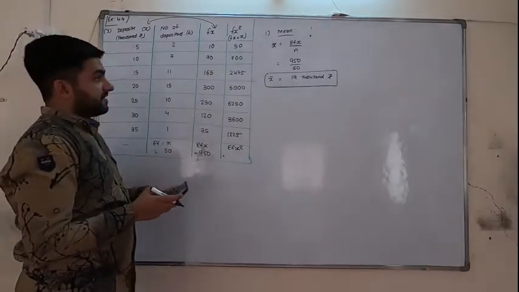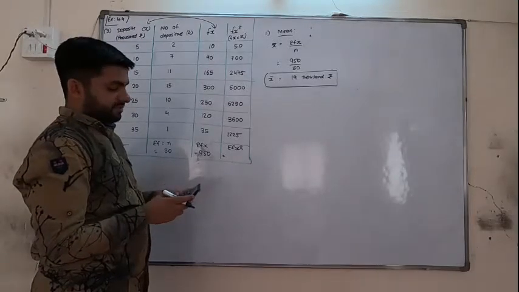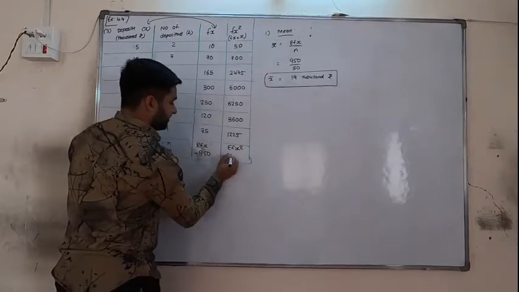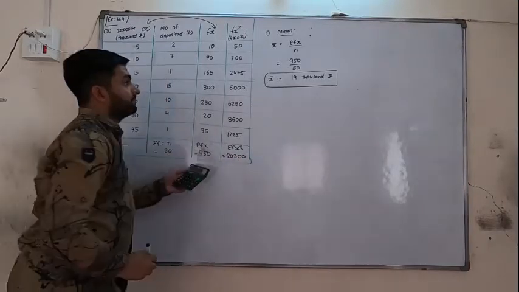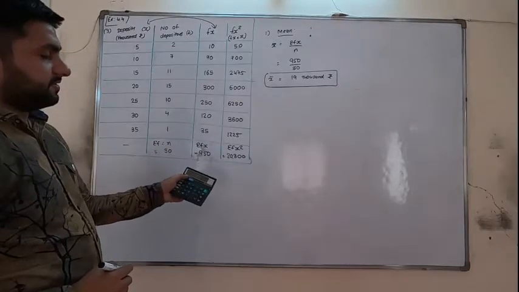So 50, 700, 2475, 6000, 6250, 3600, 1225, it's 20,300. Have the habit of checking also.